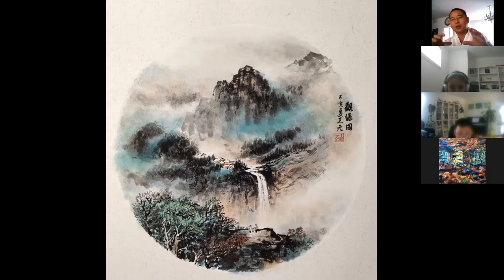Maybe we use an ink blot, this part of color, and based on that shape of the color, we change it into something else. For instance, this is the color, and at the bottom I add a little bit of roots, and immediately this spot becomes maybe a small leaf.